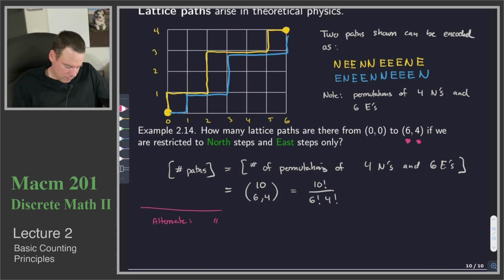So the number of paths is, well, what I have to do is give 10 instructions. They involve north or east. 6 of the instructions have to be eastern moves, 4 of them have to be northern moves. So I've got this list of 10 instructions. Maybe I'll write them down here. 10 instructions.